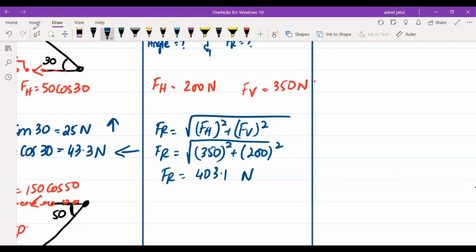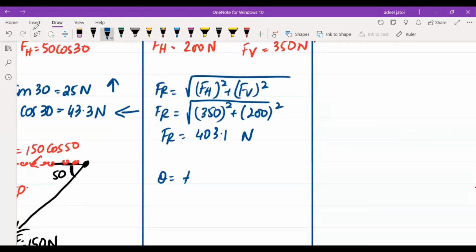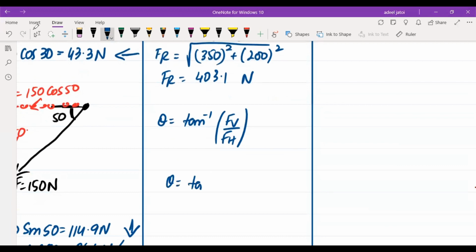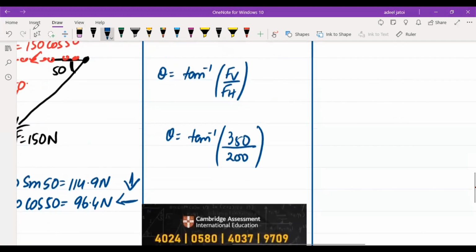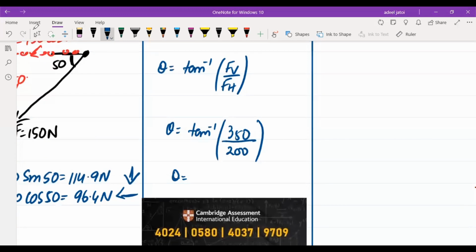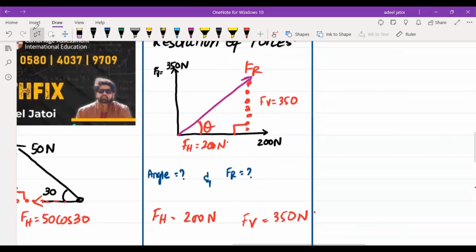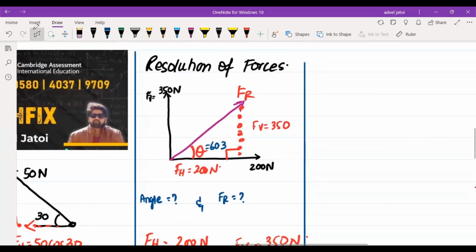So your force resultant should be 403.1 Newton. Similarly, if I want to calculate the theta, it will be tan inverse of FV upon FH. So vertically, we already know that FV was 350, and your horizontal was 200. So theta that is involved here is 60.3 degrees. Since it was 60.3, we know that this is 60.3 and the force is 403.1.